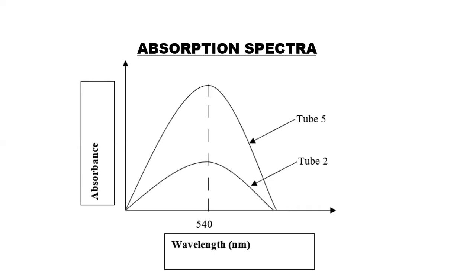You know, tube 1 is having the least absorbance, so tube 2 will have least absorbance, is now at the bottom, and tube 5, the final tube, which has the highest absorbance, right? Will now have the highest peak. Okay, so this is what you are going to do.